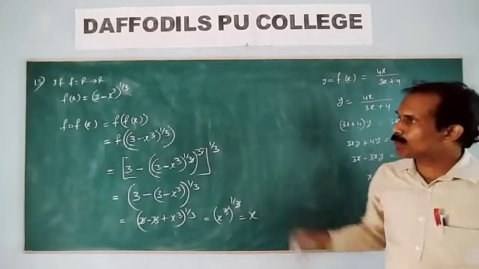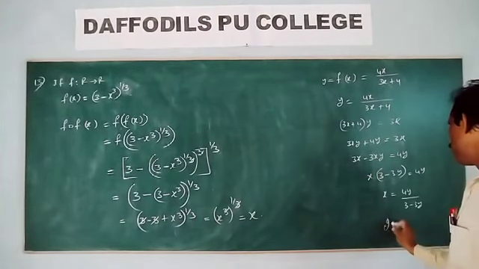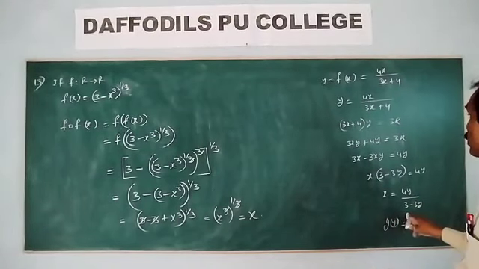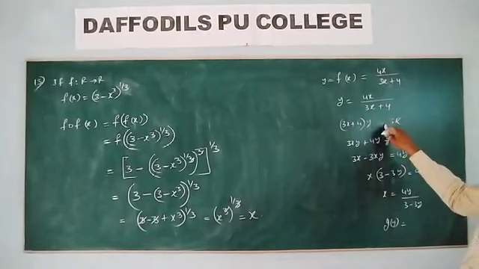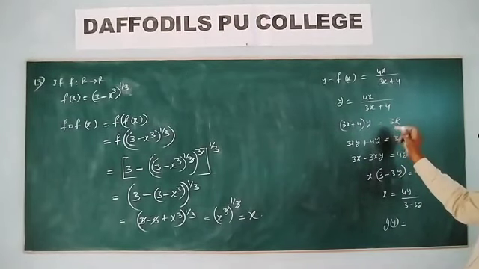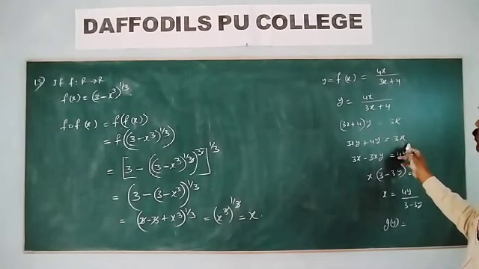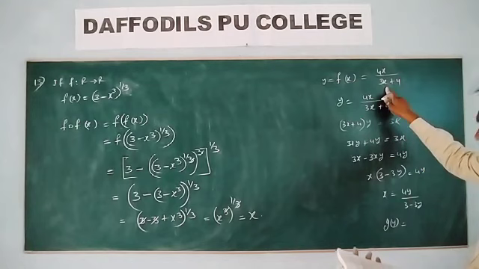Already in previous problems, x value is nothing but g of y. So that implies 4y by, sorry. Here it is 4x by 3x plus 4, correct.